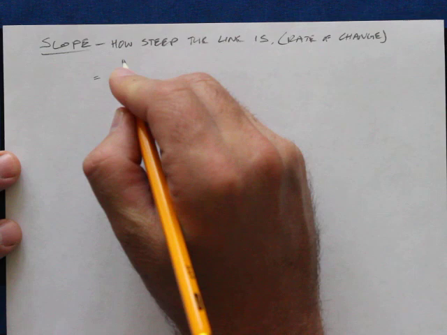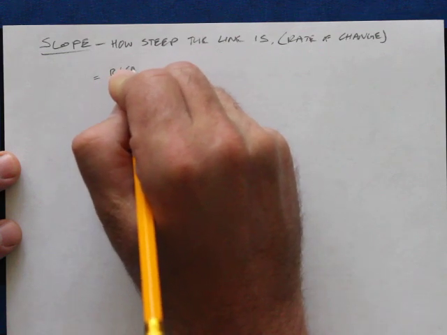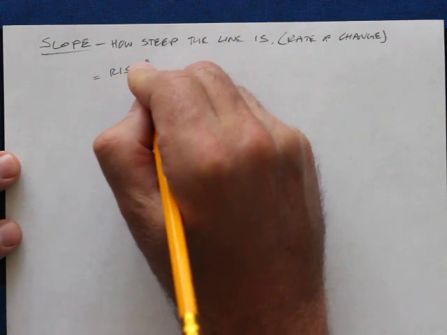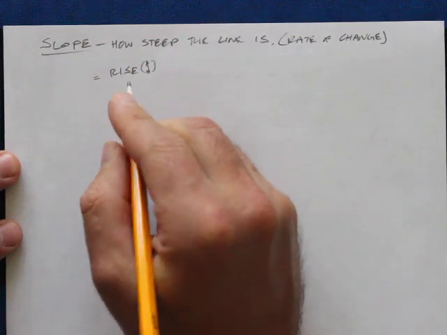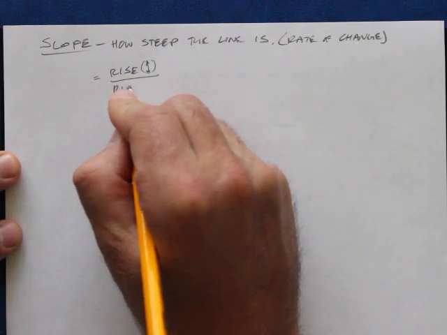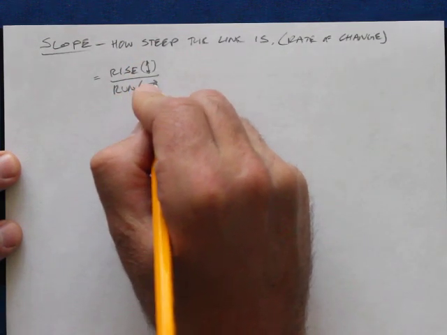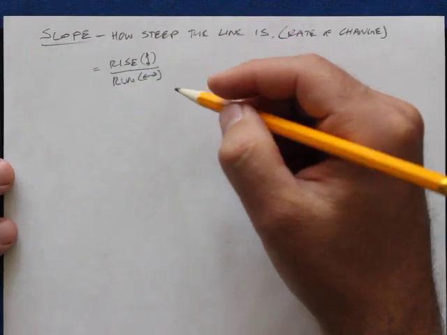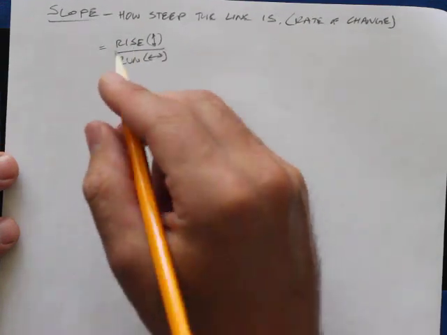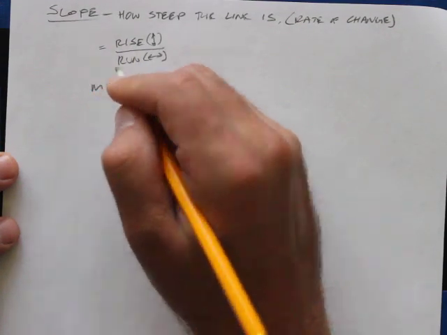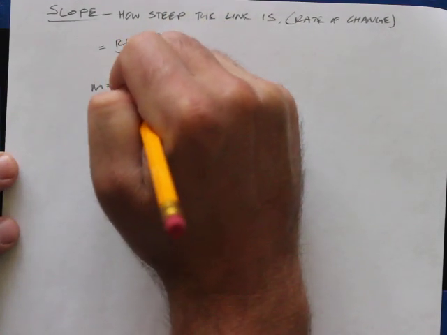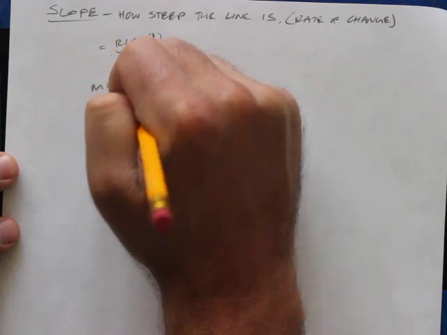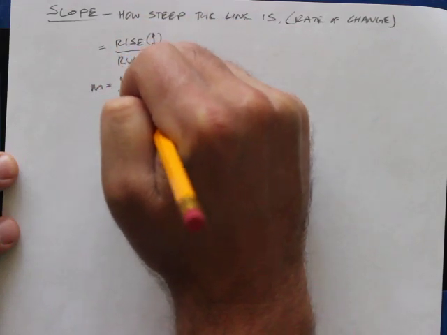And we can also say that this is rise over run. So rise up and down, or y, over run left and right. Again, we're going to write down our slope formula. Slope is change in y, which is y2 minus y1 over x2 minus x1.